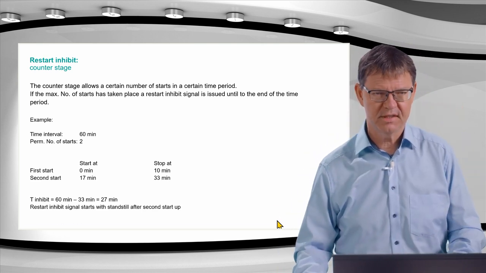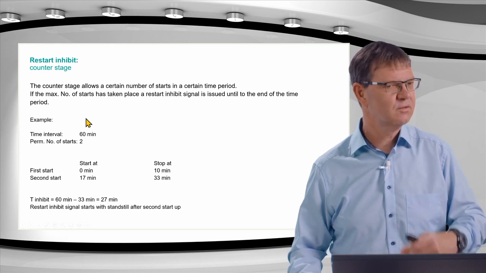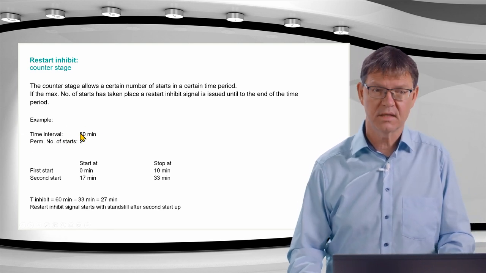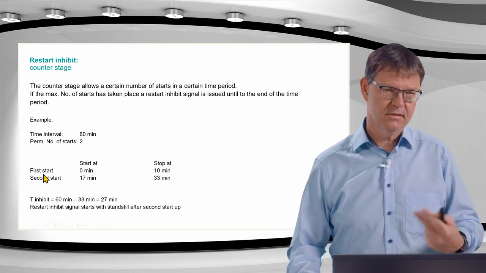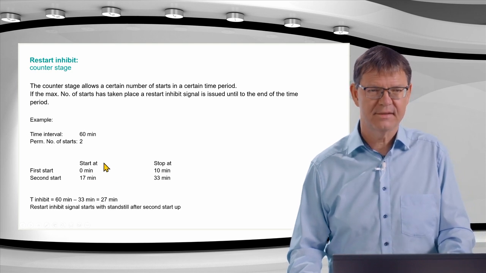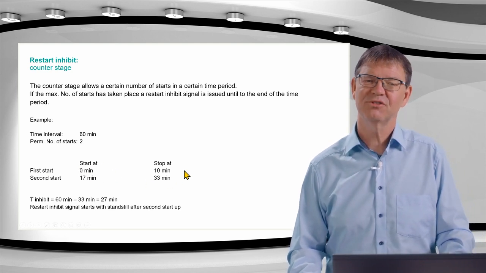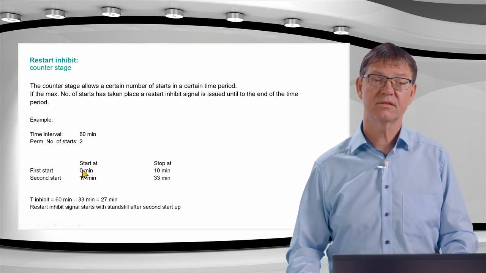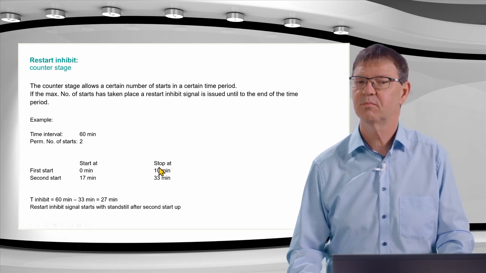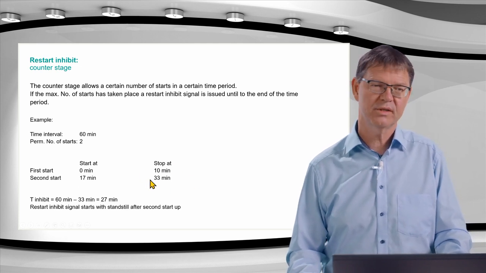Let's assume I have 60 minutes and in this 1 hour, 60 minutes, 2 starts are allowed. Let's start first at 0 minutes and stop after 10 minutes, and then let's have a second start after 17 minutes and stop after 33 minutes. So what happens?